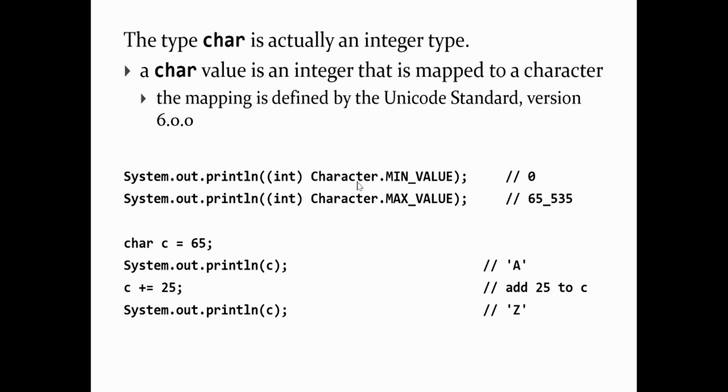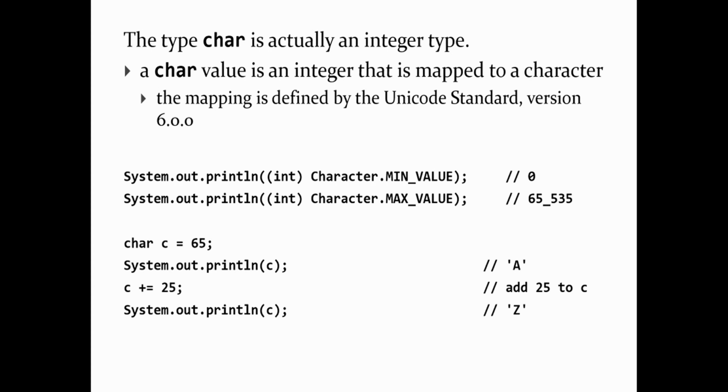Now, if I actually want to print out the numeric value associated with a char, you can see down here that whenever you print out a char, Java translates that char into some symbol. If for some reason you want the numeric value, you have to tell Java you actually want the numeric value.